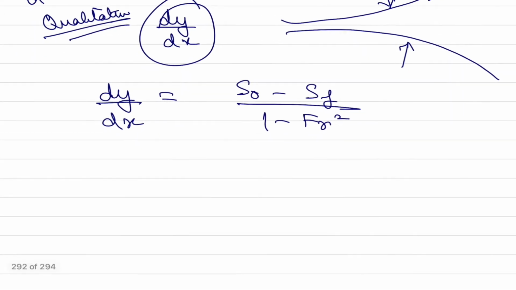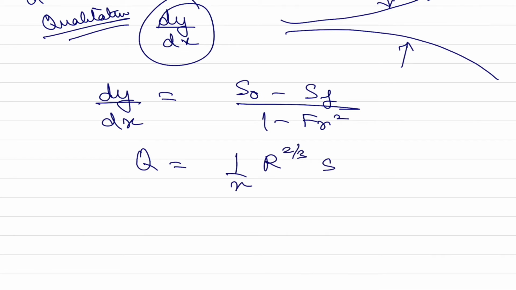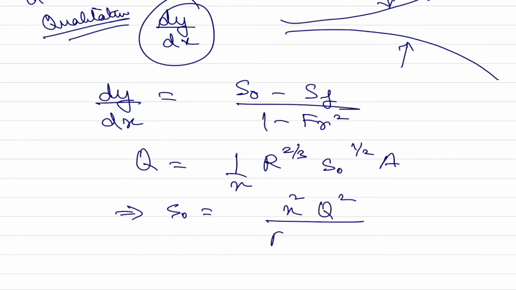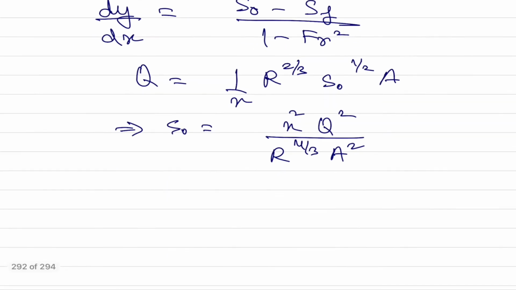Now, when we talk about S naught, we can definitely write Q is equal to 1 by n, R to the power 2 by 3, S naught to the power 1 by 2 into A, which implies our S naught is equal to n square Q square divided by R to the power 4 by 3 into A square.